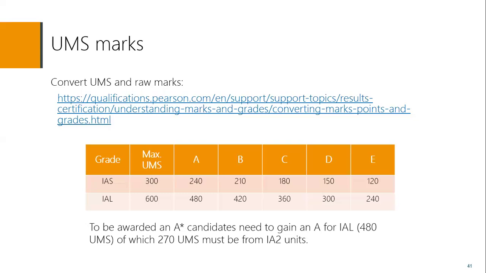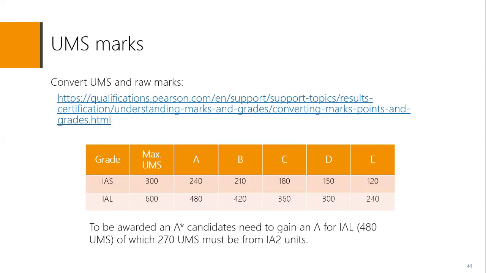So each paper is regarded individually, and the grade boundaries for that paper are set. And then the grade boundaries for all the different papers are amalgamated to give the overall grade boundary.